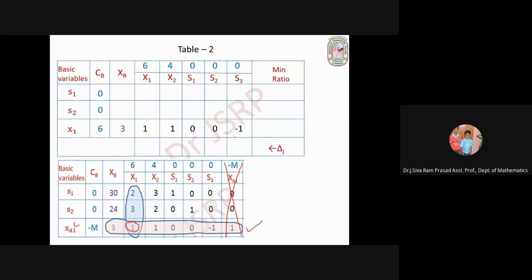Okay. Right. What is the second point? Fill the basic variable columns with the unity matrix. Here S1 is in the first place, so the S1 column has 1 in the first place, remaining zeros, and the delta J value is also 0. S2 is in the second place, so the S2 column has 1 in the second place, remaining zeros.